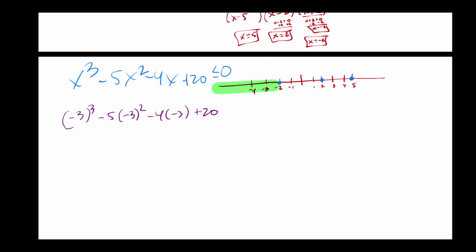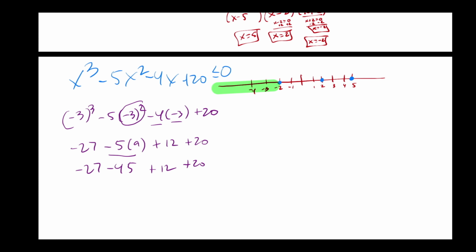Let's figure it out. What's -3 to the third power? Well, -3 times -3 times -3 is -27. Minus 5 times, what's -3 squared? That's 9. -4 times -3 is +12 plus 20. So -27 minus 45 plus 12 plus 20.